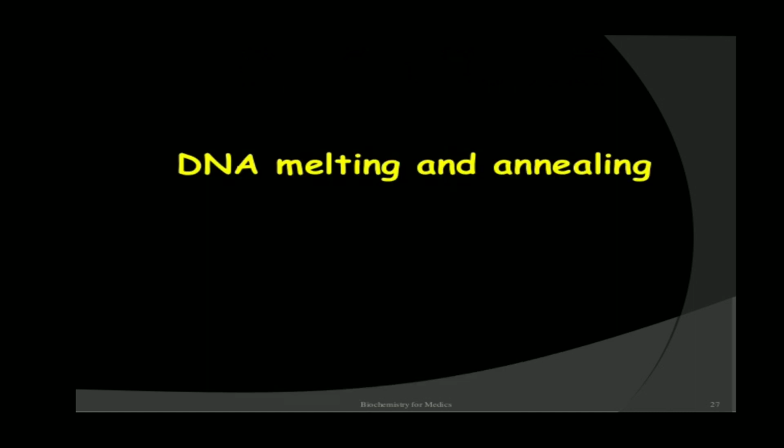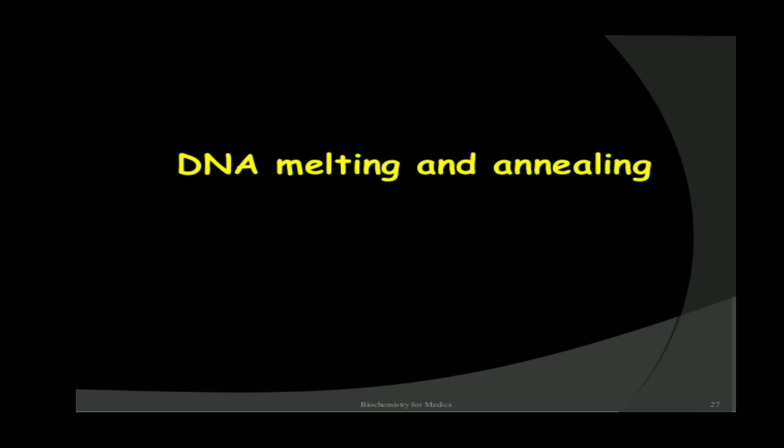Then we will see DNA melting and annealing. DNA can be melted, right? Melting means the DNA structure can be separated into the nitrogen bases, the sugar and the phosphate group.